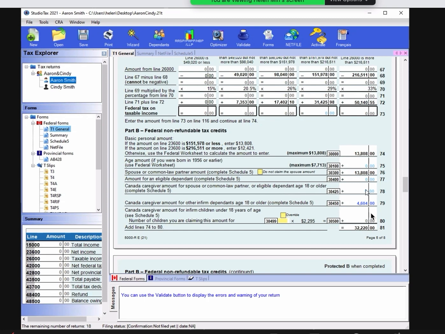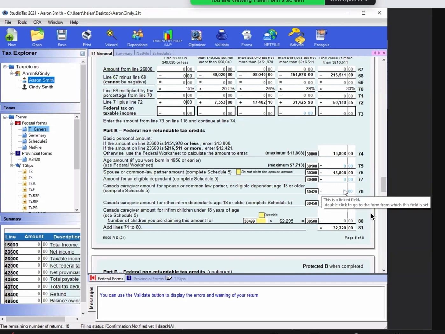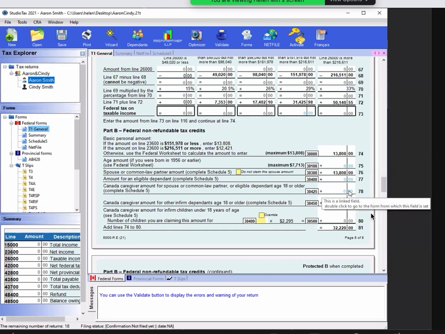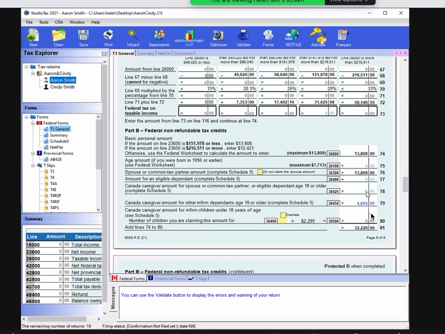If your spouse or eligible dependent is unhealthy, infirm or disabled, then you can get this credit. The maximum is 7,000, and it is reduced by the net income of the person you claim.